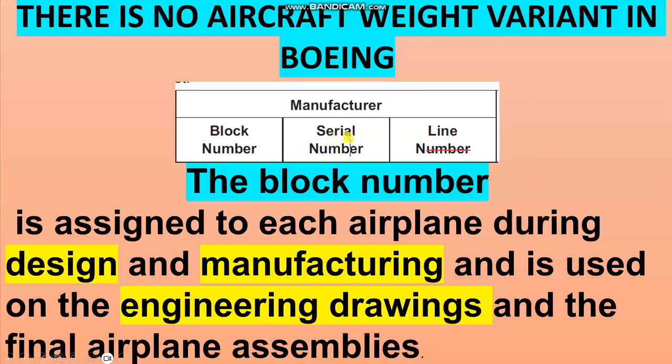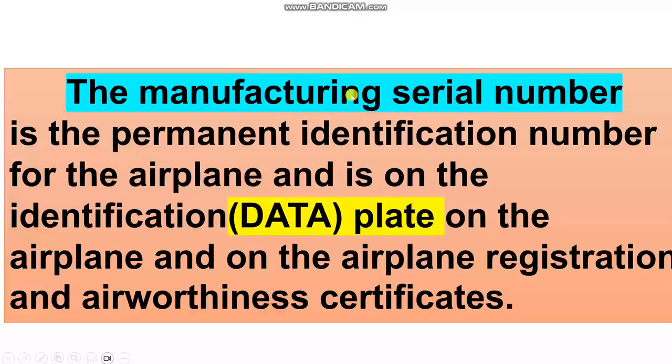The second item, the serial number, the manufacturing serial number. This number you will find on the aircraft identification data plate. You know the data plate, where is the data plate? On the fuselage, maybe aft, might be forward, according to the aircraft type.